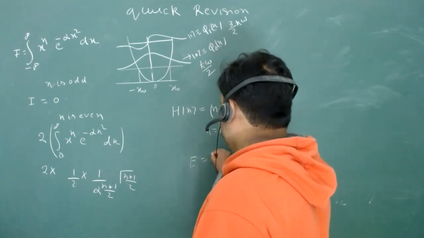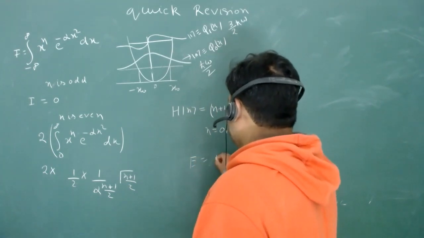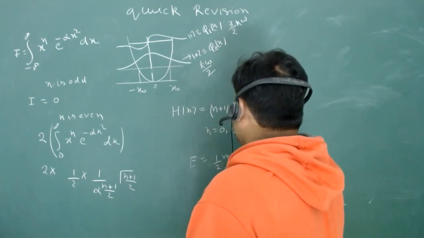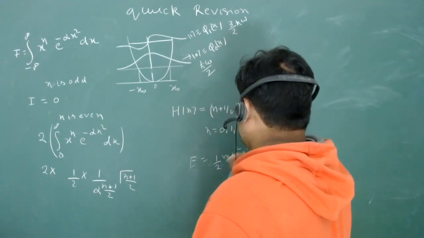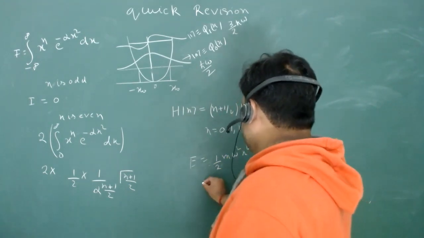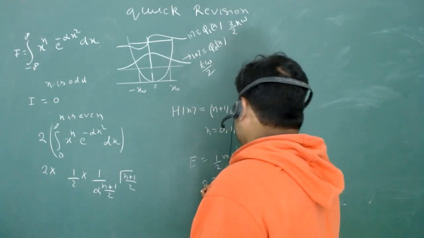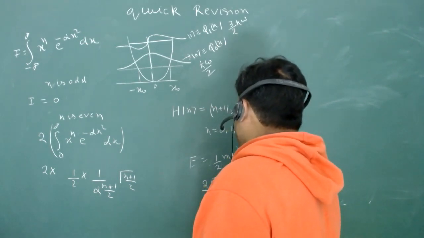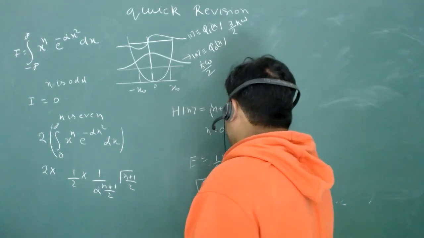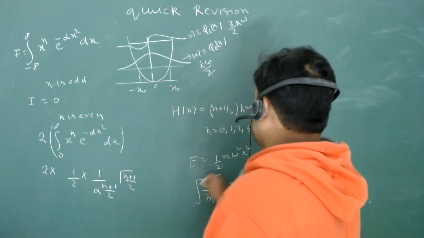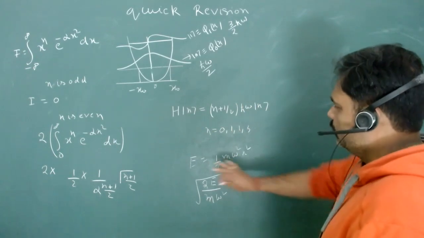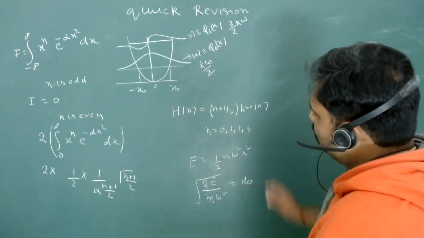E is equal to half m omega square x square. So this will be root under 2E upon m omega square, which is your x naught. This is your turning point because total energy is potential energy.